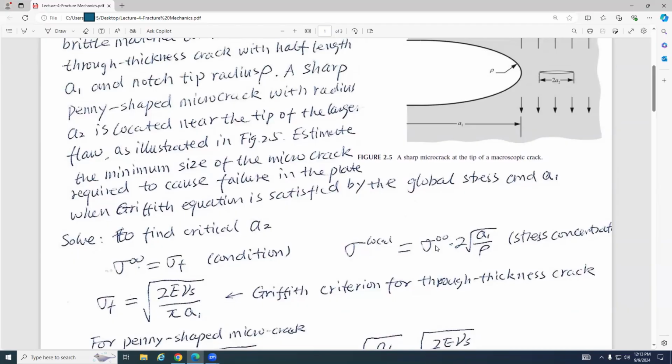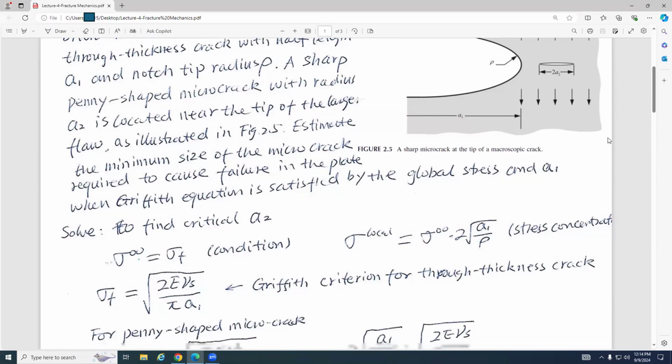Sigma local equals sigma infinity multiplied by 2 square root of a1 divided by rho. Right? So if we know sigma infinity, then we can write sigma local. Local means just near the crack tip, the bigger crack tip. So we have this sigma local, and this sigma local will be equal to this.